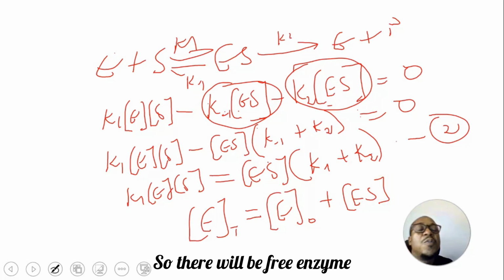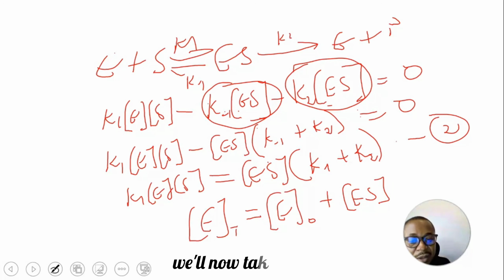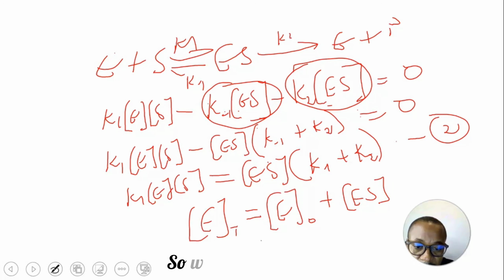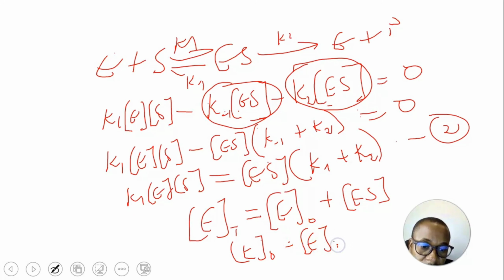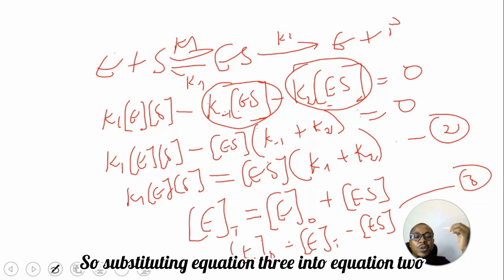So when we do that, we'll make the free enzyme the subject of formula. So we have free enzyme equal to total enzyme minus bound enzyme. Call this equation 3. So substitute equation 3 into equation 2.